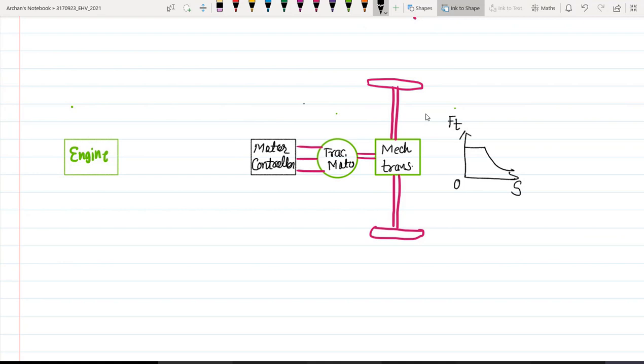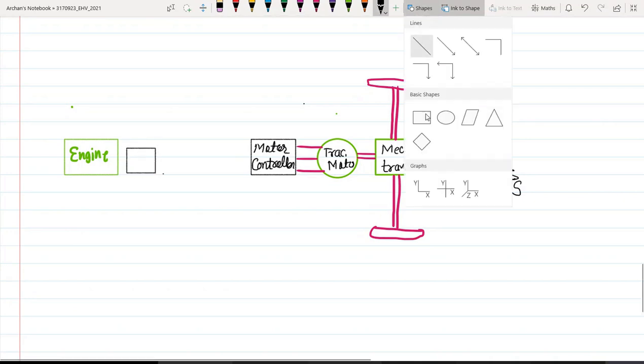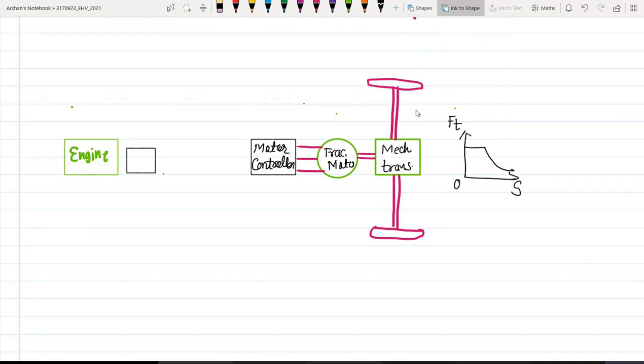Now this engine will be connected to some generator. So here we will have one block which is generator, and then we should have another block which will control the flow of power.